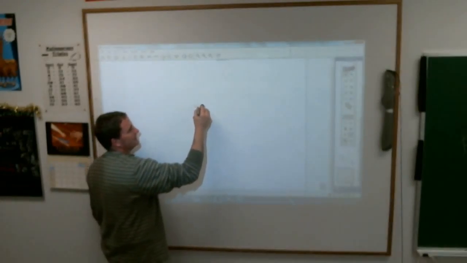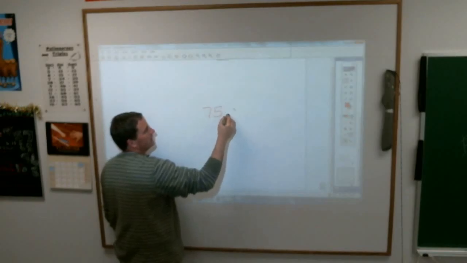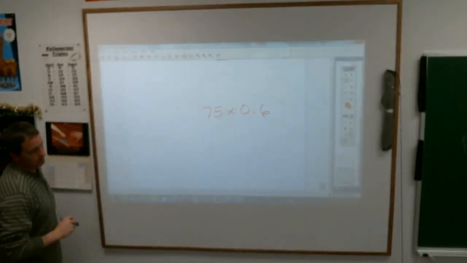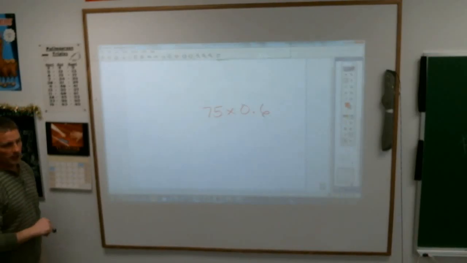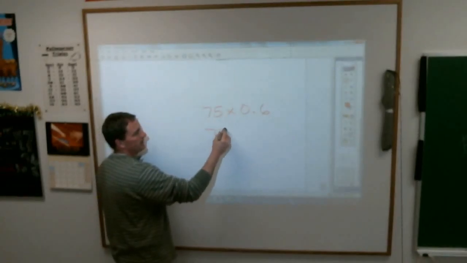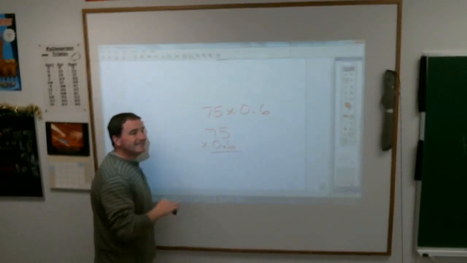So let's say I have 75 times 0.6. You write this down just like normal multiplication. 75 times 0.6. Notice how the decimals aren't lined up.